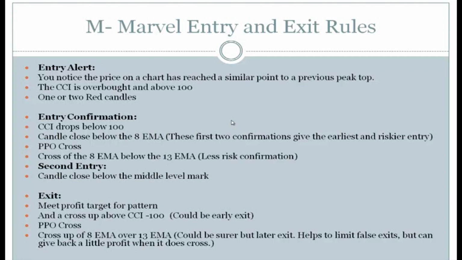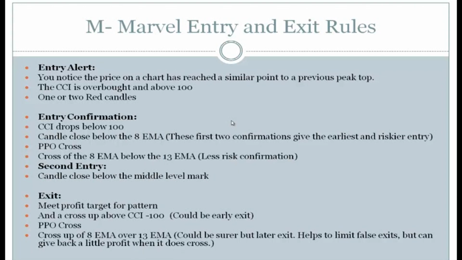It can be a cross up above the CCI minus 100 line. This could be an early exit, but any exit where you can take profit, there's nothing early about that. Profit is profit, and you're pleased to be making this money. Another signal could be the PPO cross down and a cross up of the 8 over the 13 EMA.